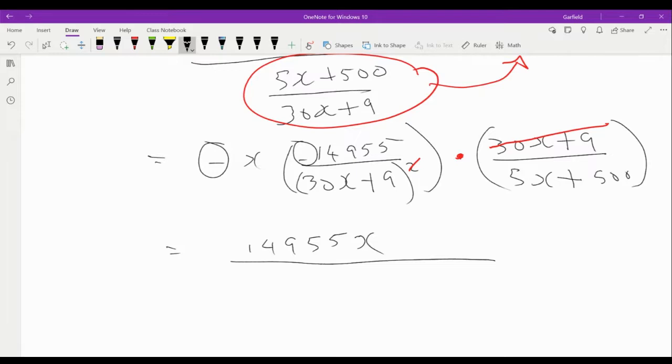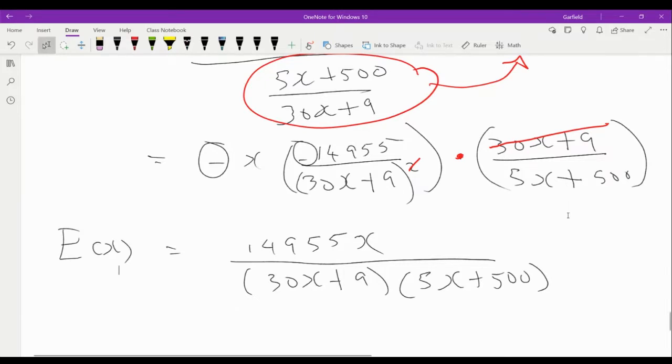We're multiplying the top. And on the bottom, we have 30x plus 9 times 5x plus 500. So this would be our elasticity function, assuming we made no little errors along the way.